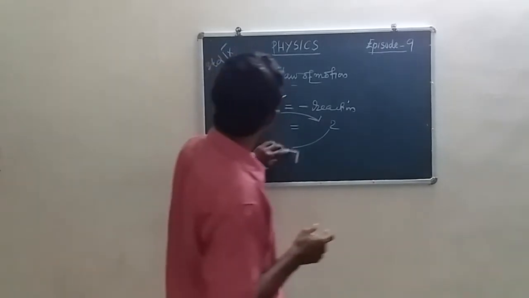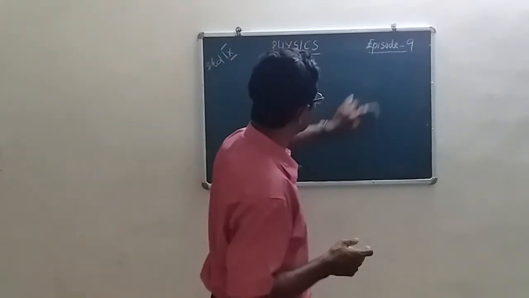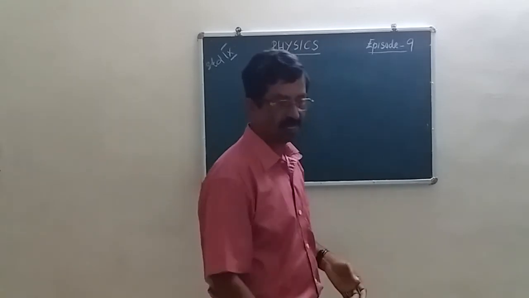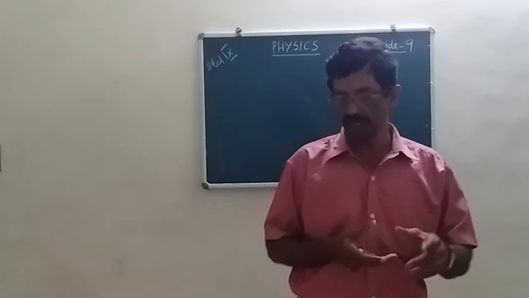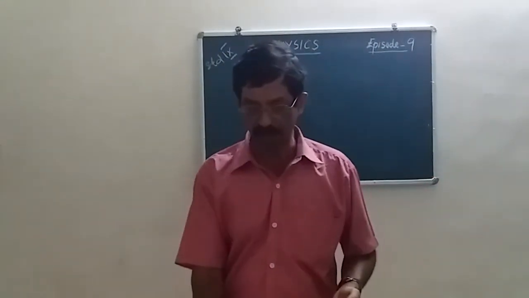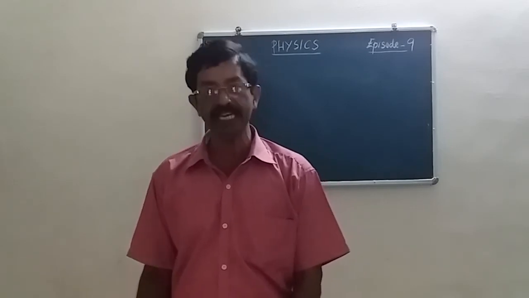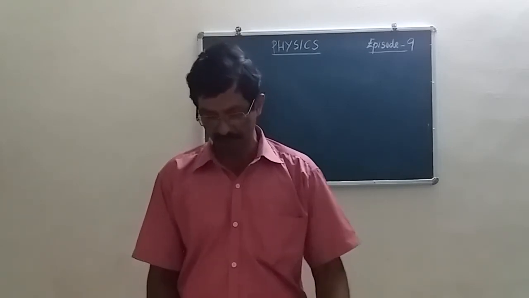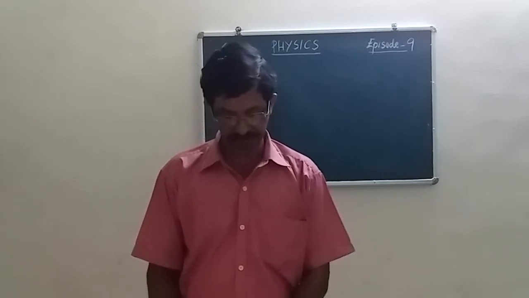Now, we want to discuss the activity given there. Suppose action and reaction are equal and opposite, then why are they not accelerating equally? See, a picture is given for you.